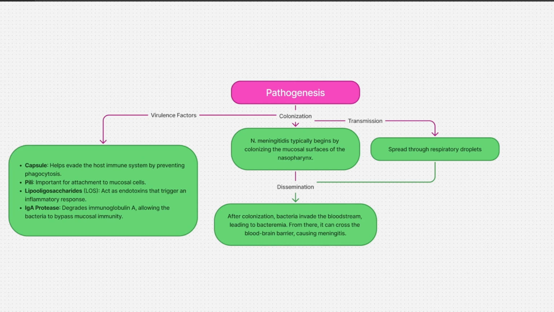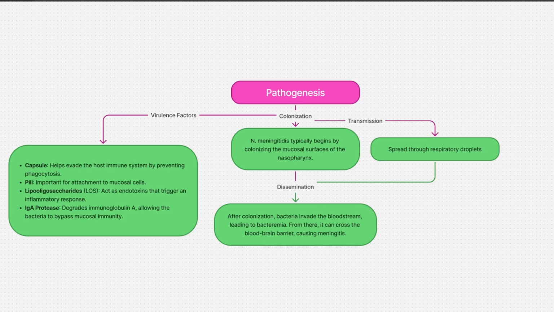So there are four main virulence factors. First of all, it's the capsule, which we discussed in the morphology section. As we said, it helps evade the host immune system by preventing phagocytosis.